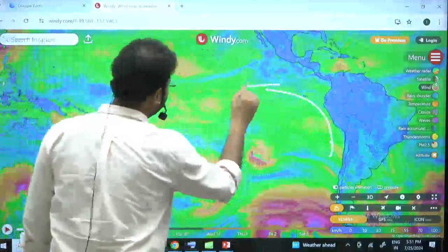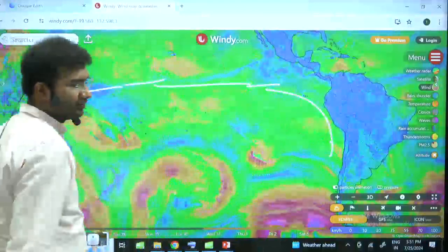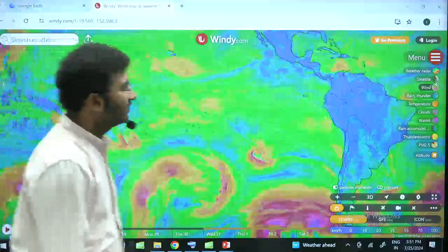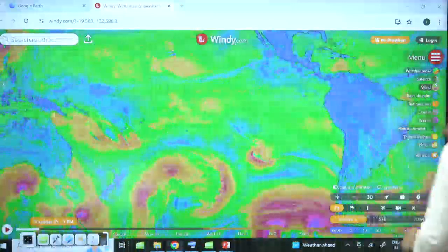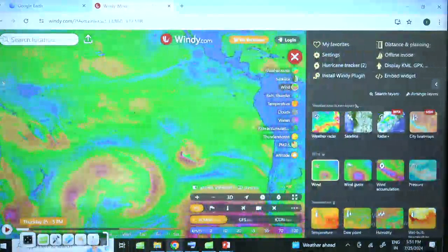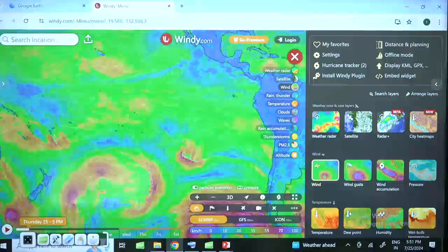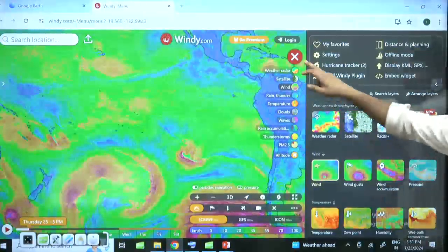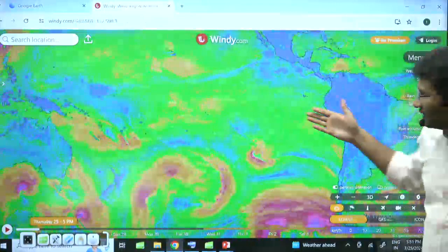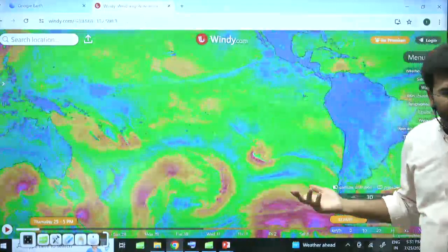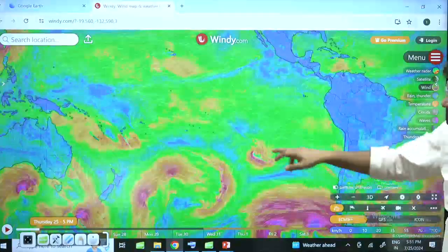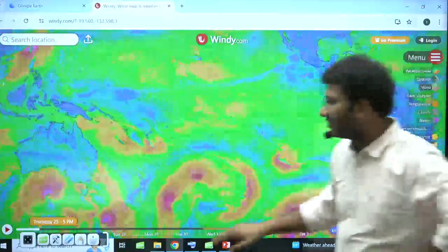This is the direction of the wind. Now don't you think the water will also move in the same direction? They will also move in the same direction. Okay? So here you also need to understand whatever the direction is of the water, the wind direction will also be the same. So there are some changes that took place.